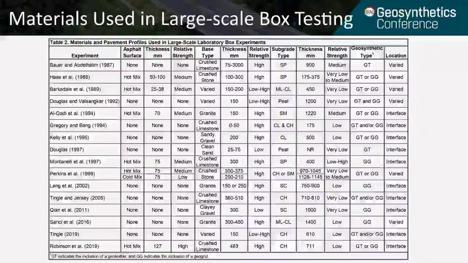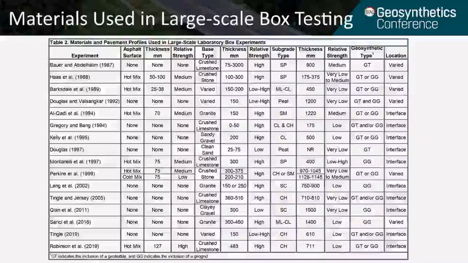Also, various geosynthetic materials have been used in these experiments, including geotextiles and geogrids. These geosynthetic materials have been placed at various locations within the pavement system, often at the interface between the subgrade and base course material, but in some instances at different layers within the base or subbase materials.